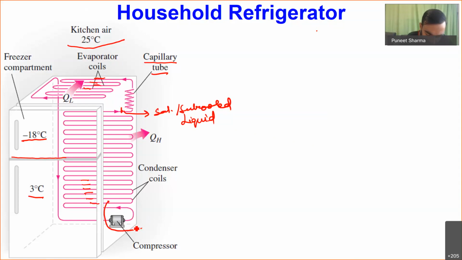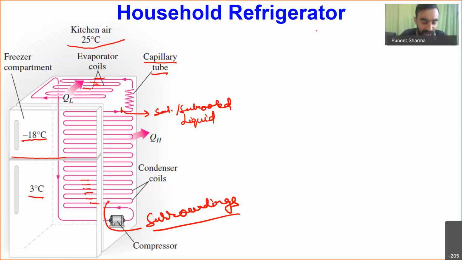Condenser and compressor units should be towards our surroundings because in the compressor we are compressing our substance, so we have a significant amount of heat generation, and in the condenser our motive is to remove heat to the surroundings. That's why the condenser and compressor are mainly placed towards the surroundings.